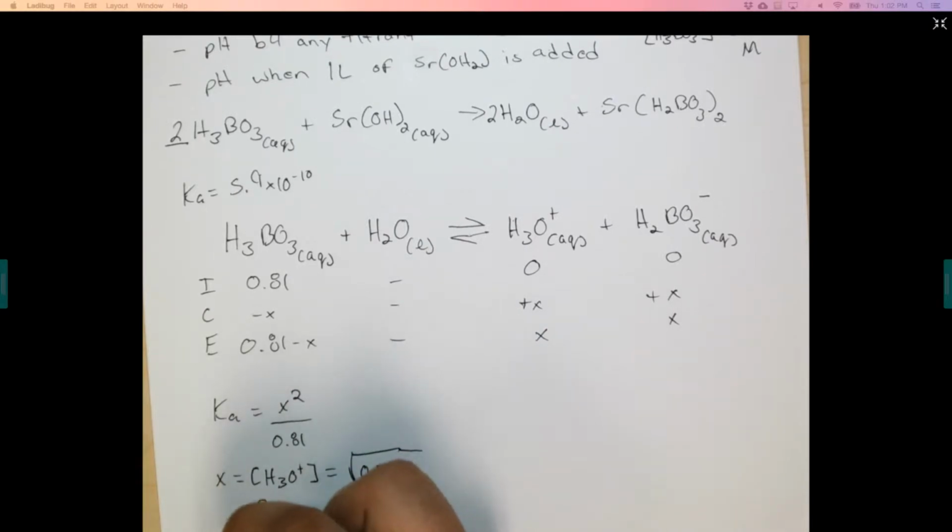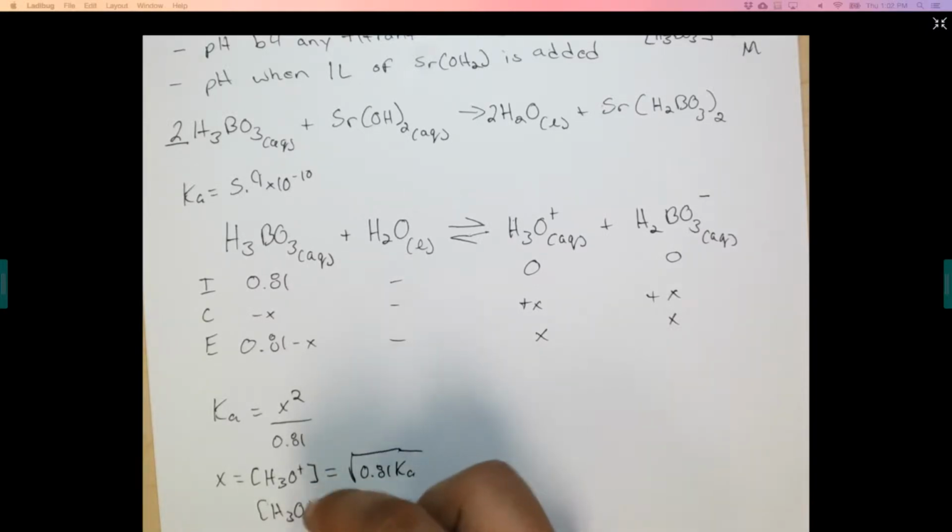then hydronium is equal to 2.19 times 10 to the negative 5.